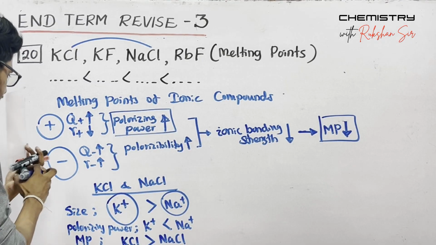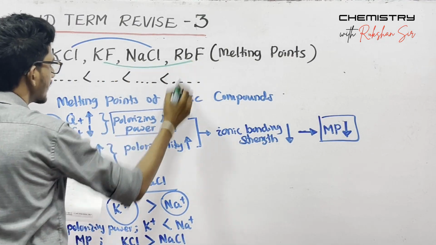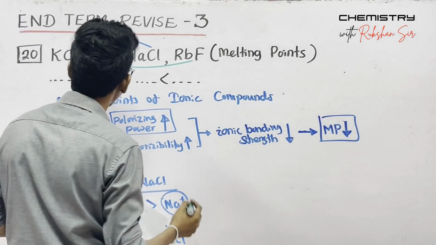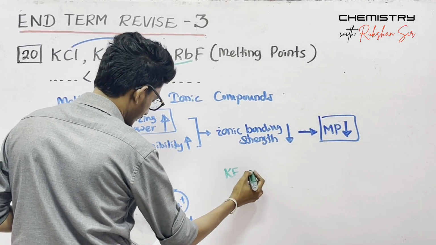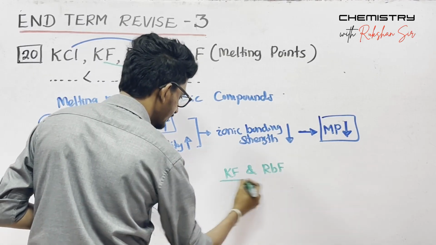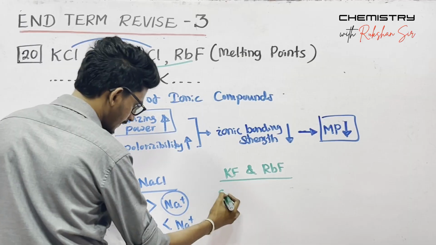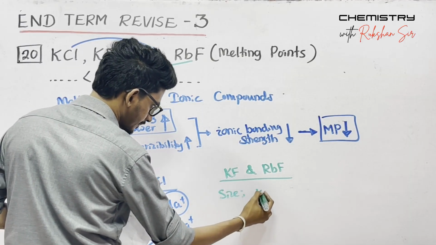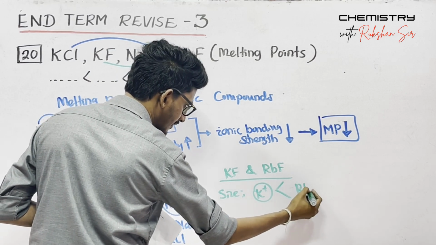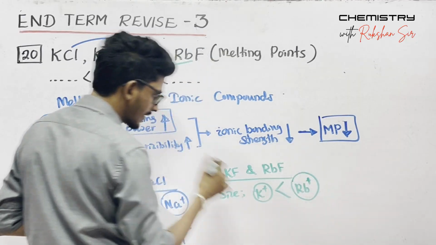What about the other two? These two, where the fluorine is common: KF and RbF. So let's consider the K plus and the Rb plus. Rubidium resides further down in group 1 compared to potassium.